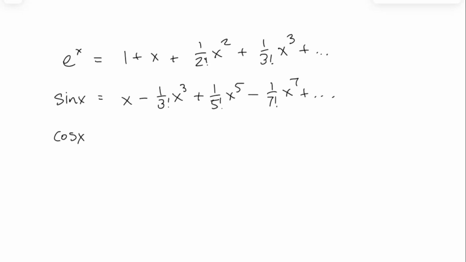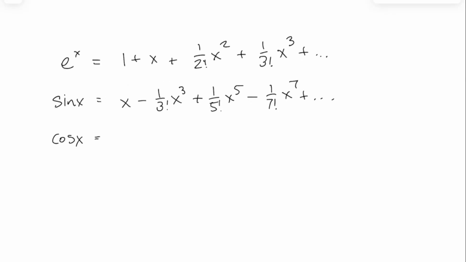Cosine of x is similar, only it's the even powers, starting with 1, and then minus the x squared term plus the x to the 4 term minus the x to the 6 plus etc. All right, these are the 3 main Taylor series that you should know.